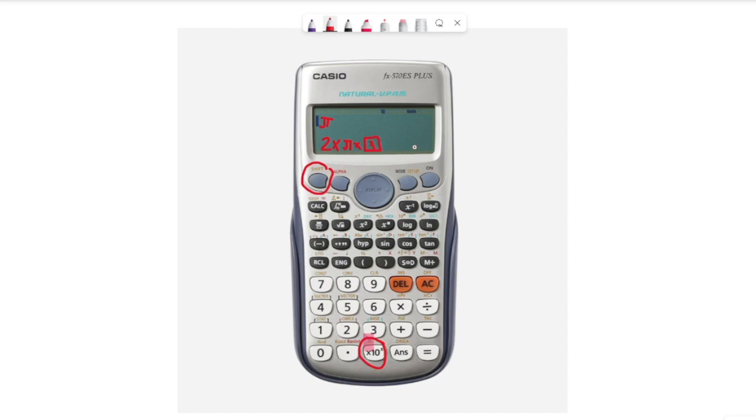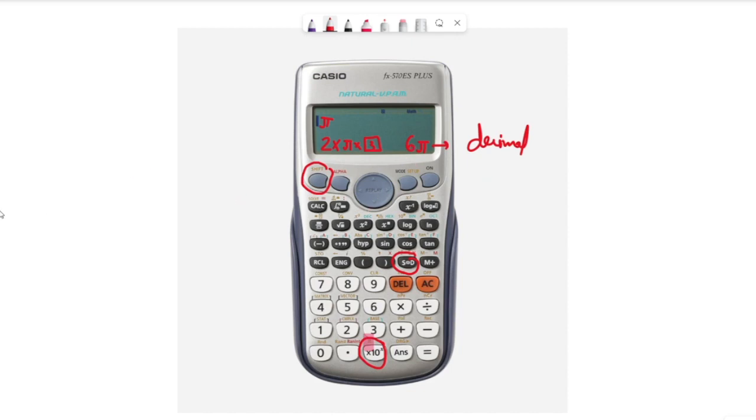After pressing equal, you will get 6 pi. Once you get 6 pi, you have to press this key SD, which converts your 6 pi into a decimal number. Then you will get your exact answer. This is how you will use a calculator to find circumference.